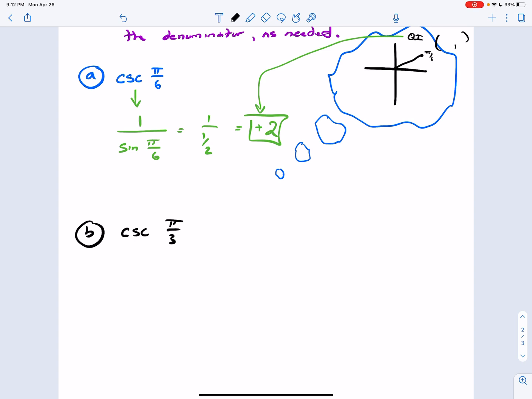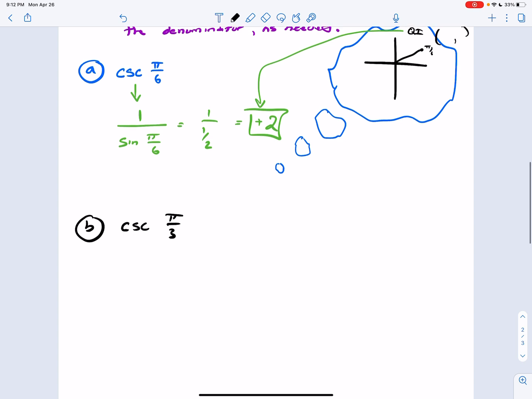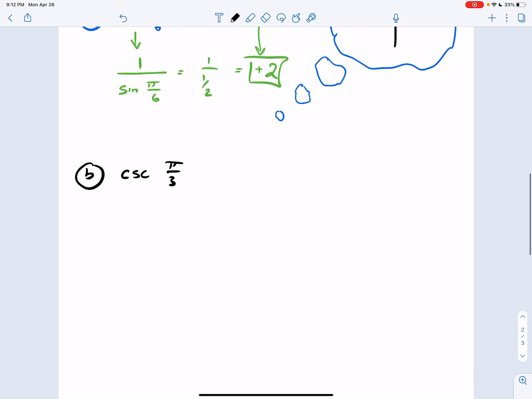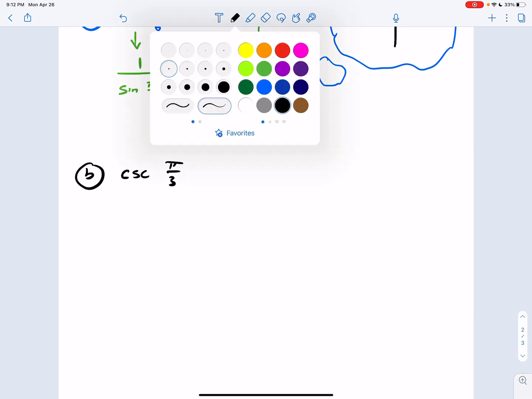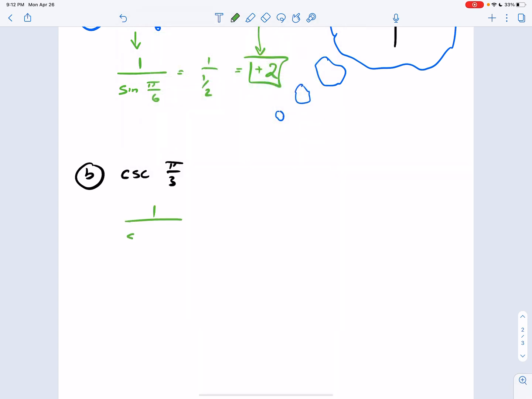So I know my answer will come out positive because all trig functions come out positive in quadrant 1. I know that cosecant is really just 1 over, or the reciprocal of sine. Okay. I know that the sine of pi over 6 is 1/2. So the sine of pi over 3 should be the other one. So that's really just radical 3 over 2.